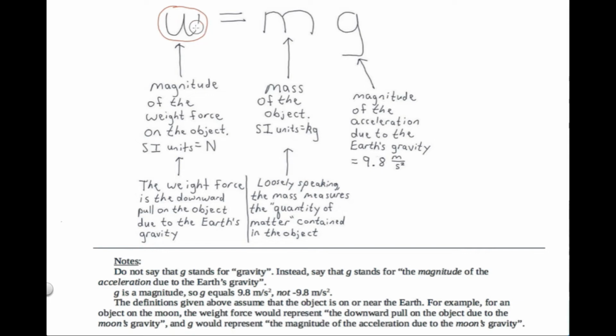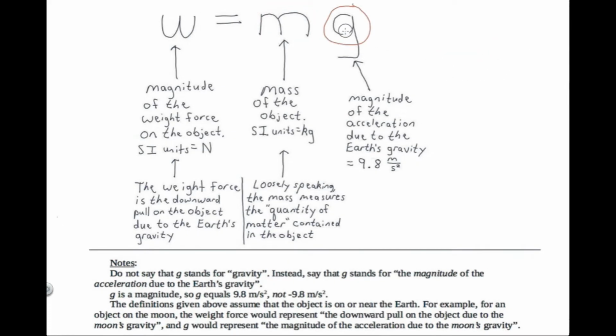The symbol W, written without an arrow on top, stands for the magnitude of the weight force. The symbol m stands for the object's mass. Don't confuse the mass with the weight. The symbol little g, written without an arrow on top, stands for the magnitude of the acceleration due to the Earth's gravity.